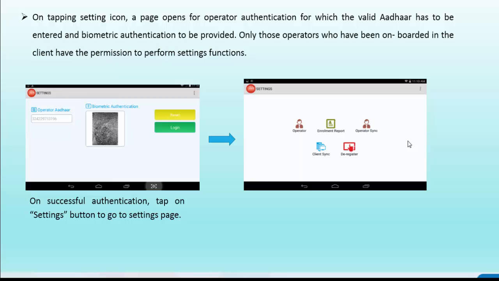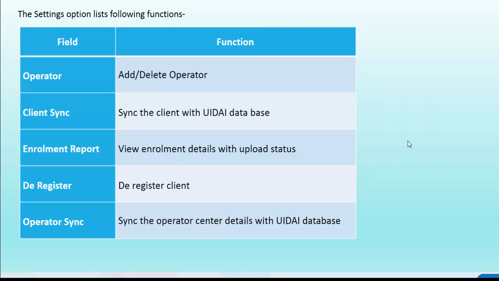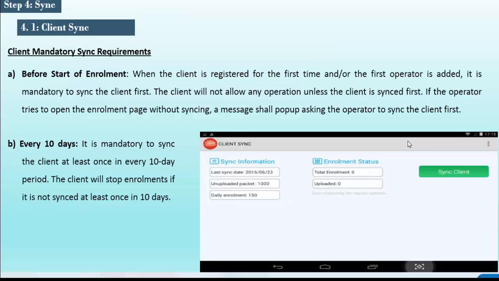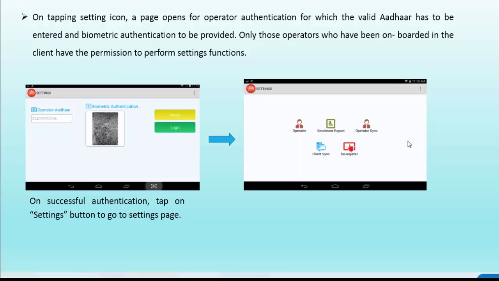Once you enter the settings, you have to sync the client first. The client sync icon is there in the settings. This fourth icon, client sync, is to enable the client to sync with the CIDR server. So we have to sync the client in the first step.